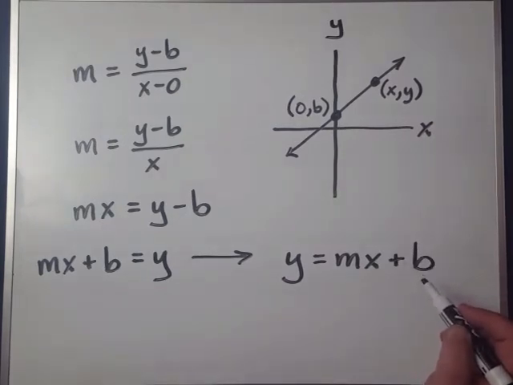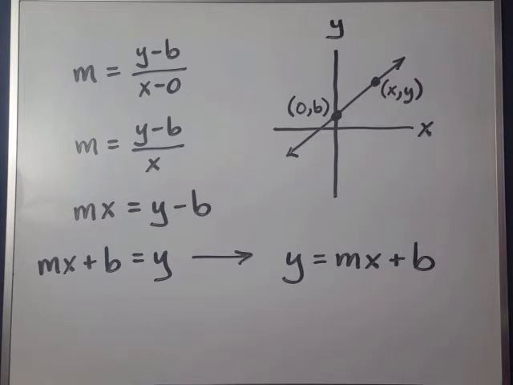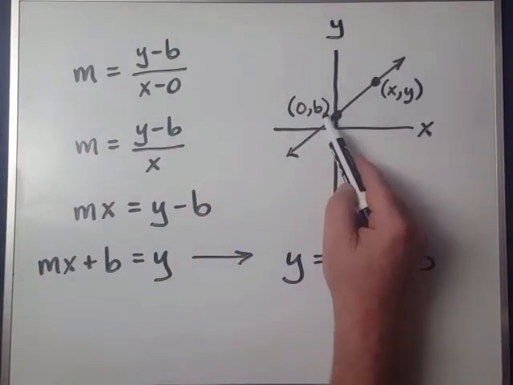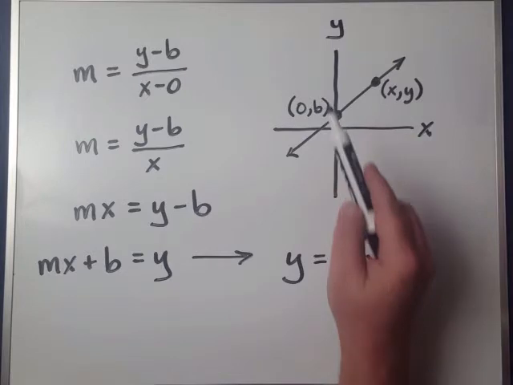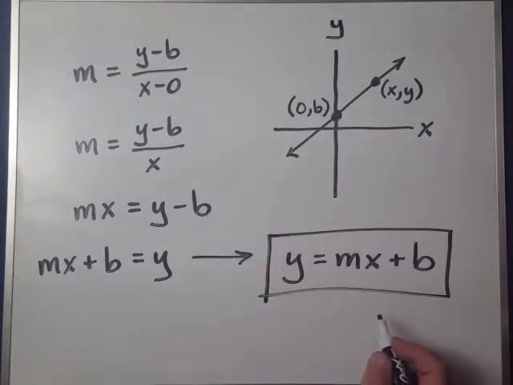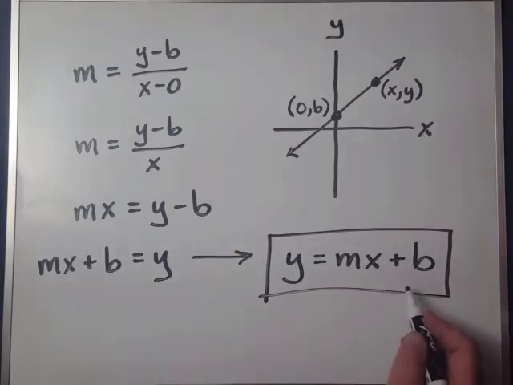Here at the beginning of the section, slope-intercept form is given to us in a brown box, page 238, just below center of the page. In the brown box it says the slope-intercept form of the equation of a line with slope m and y-intercept 0, b is y equals mx plus b, where m is the slope and 0, b is the y-intercept.